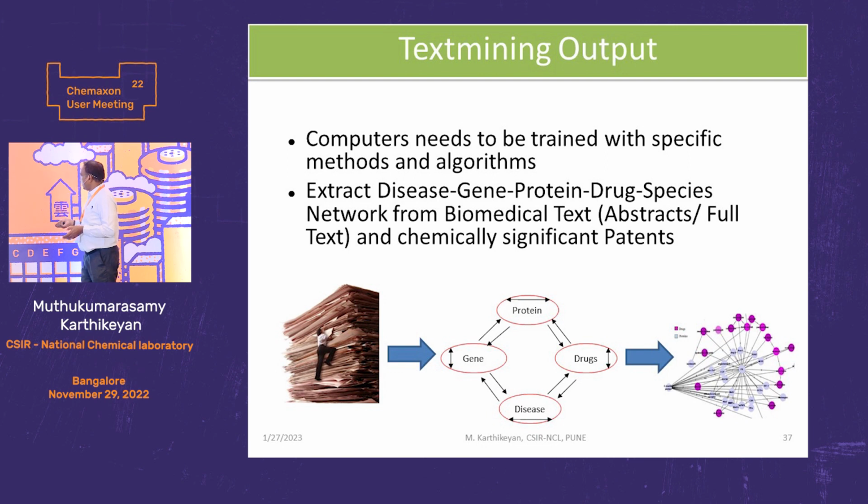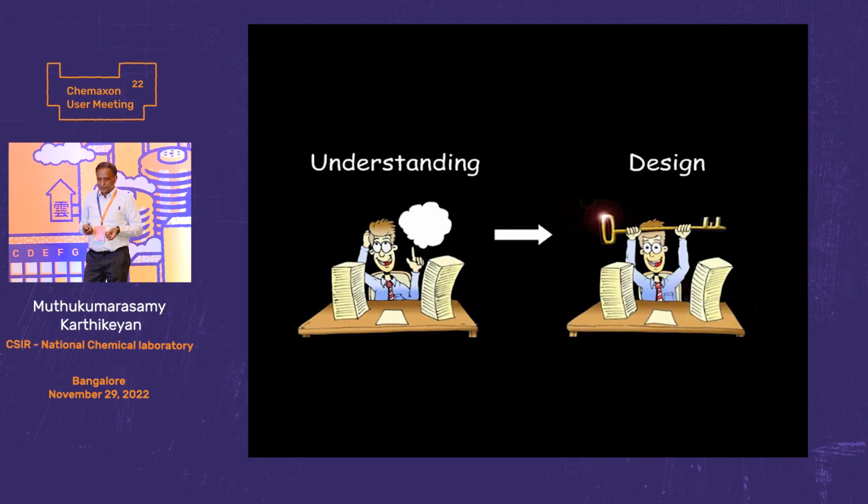So basically, using text mining, you can find disease, gene, protein, molecule network. Once you make the network, you know what is the relationship, same disease, same gene, same protein, but different molecules. So that type of collection you can learn, and then which one is better, you can do it. So basically you try to understand, then you can design the molecule.